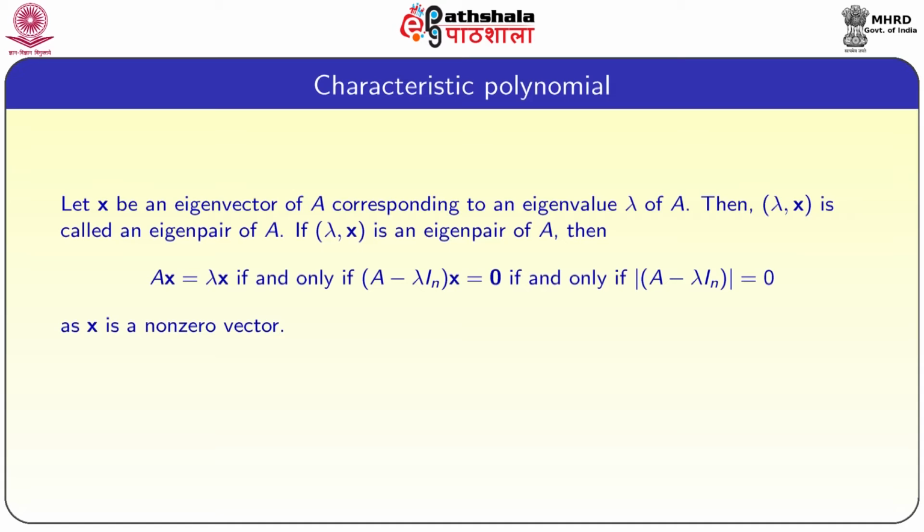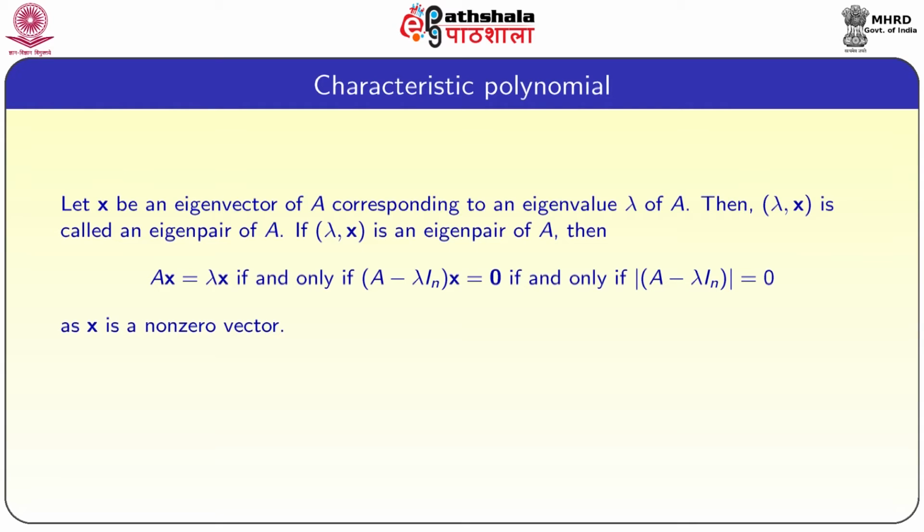This is if and only if the determinant of A minus lambda In is equal to 0. It is because x is an eigenvector of A, so x is a non-zero vector. So, if you take A minus lambda In as B, then Bx equal to 0 has a non-zero solution.